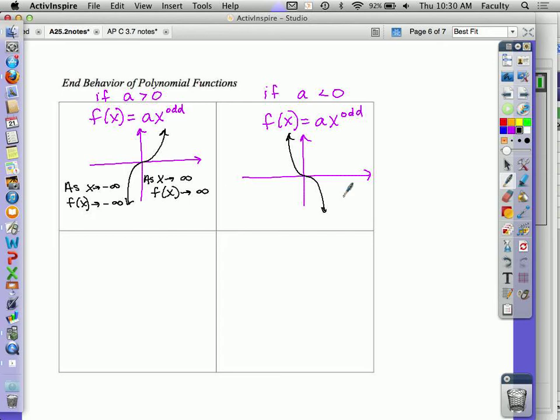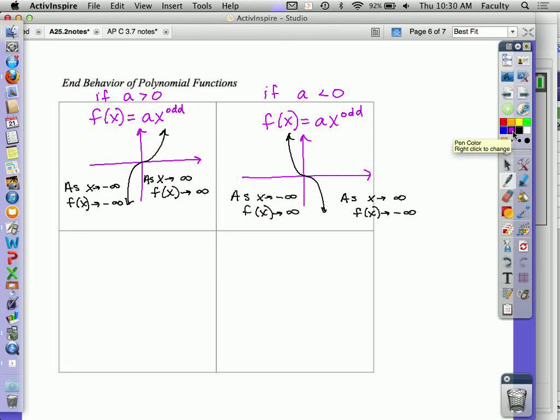Well, okay, if that works for you, terrific. So as x goes to positive infinity on the right side, f of x now goes to negative infinity. On the left side, as x is going to negative infinity, because I'm moving left along the x-axis, the f of x is shooting up, so it's going to positive infinity.